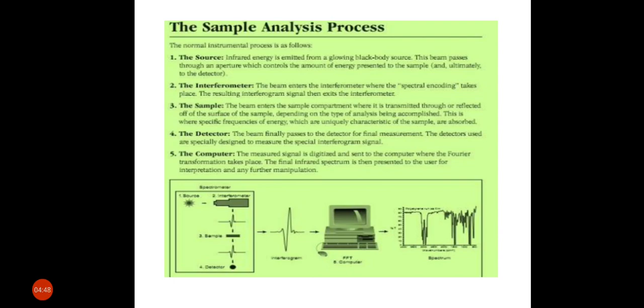Suppose, for example, 100, 200, 300 and 400 are the wavelengths of different lights.